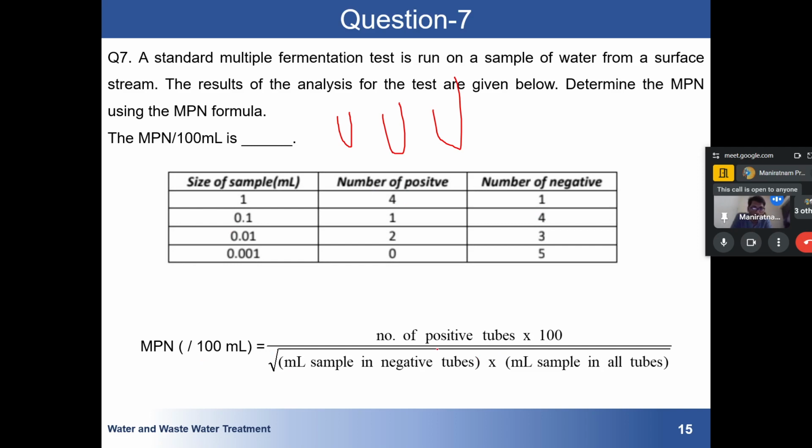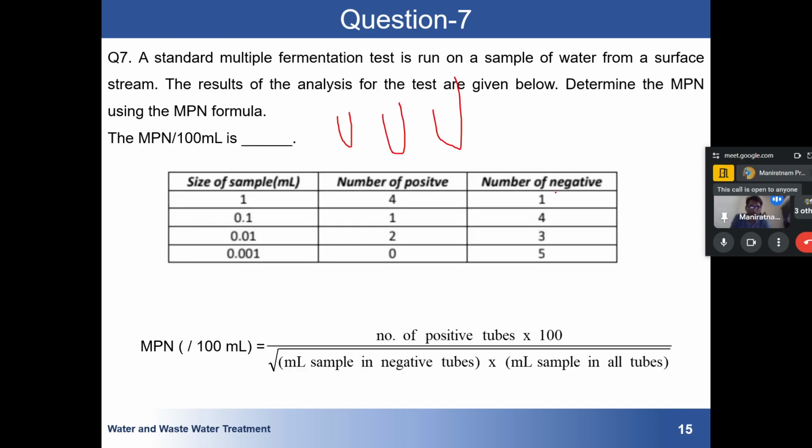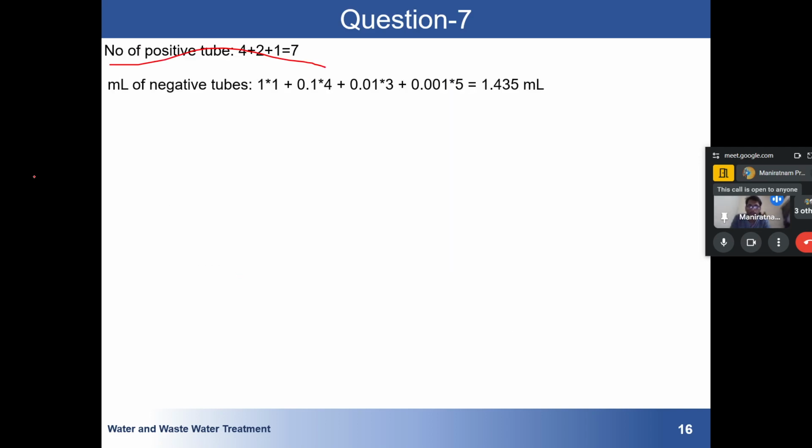So the number of positive results was observed, and we know this Thomas formula. We note down the number of positive tubes, that is 2 plus 4 plus 2 plus 1, that is 7. Then for the ml of negative tubes, we multiply 1 into this, 4 into 0.1, 3 into 0.001, 5 into 0.0001, and you can find the total.